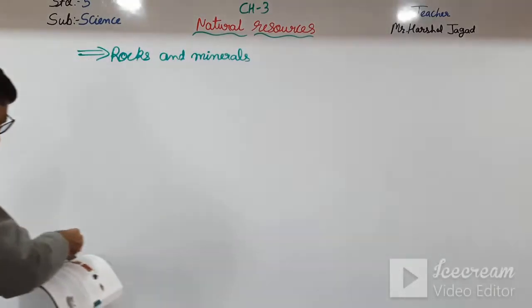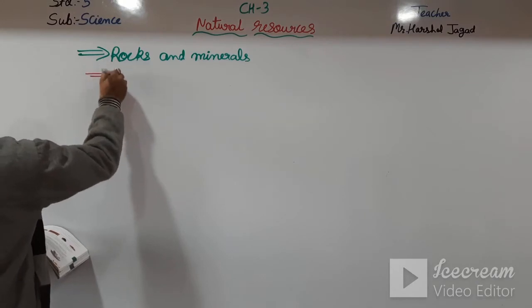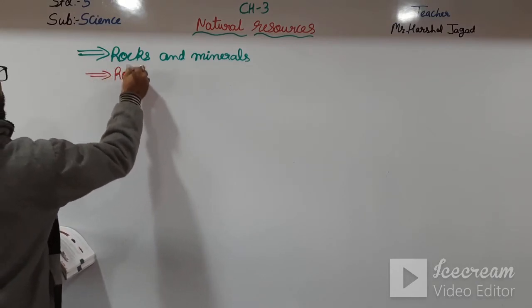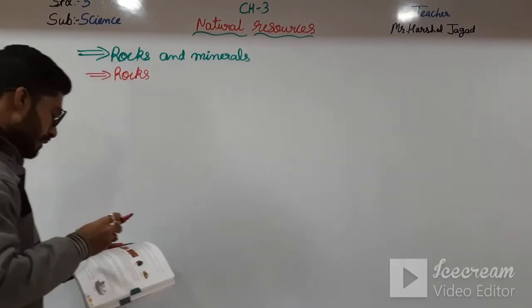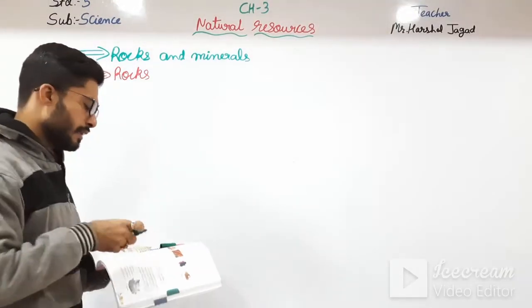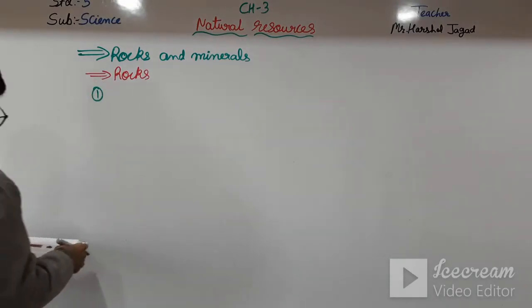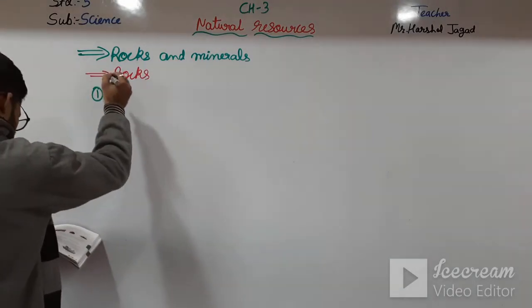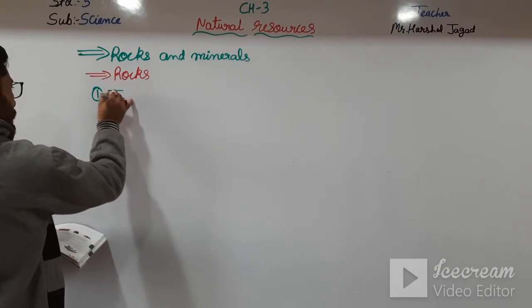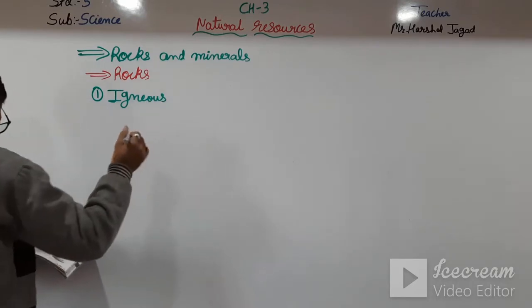Here we are first talking about rock. So, what is rock? First of all, they form the earth's crust, and then there are three types of rock. Let us see which. The first one is igneous rock.